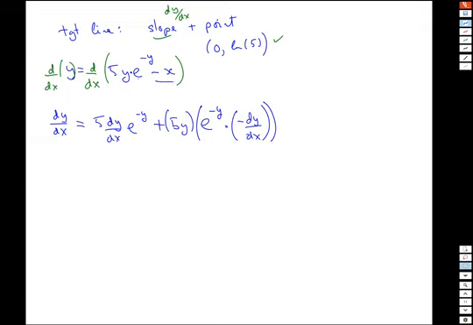And then the last lonely bit we can't forget is the negative x, its derivative with respect to x is just -1. And so that massive ordeal gives you the equation for the slope dy dx.